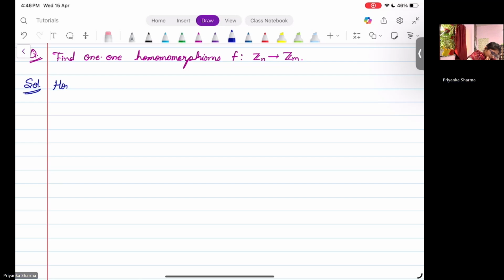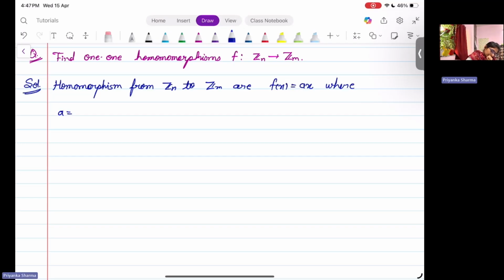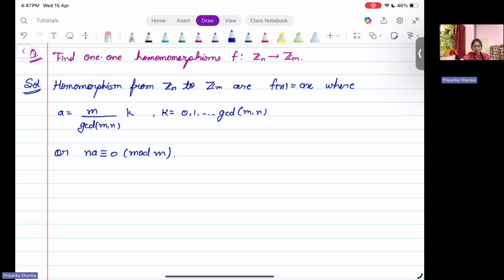Again, homomorphisms from Zn to Zm are f of x is ax, where a is m by GCD of m and n into k, where k varies from 0, 1 up to GCD of m and n, or equivalently, we can say that na is congruent to 0 mod m. Okay, so these are total homomorphisms.